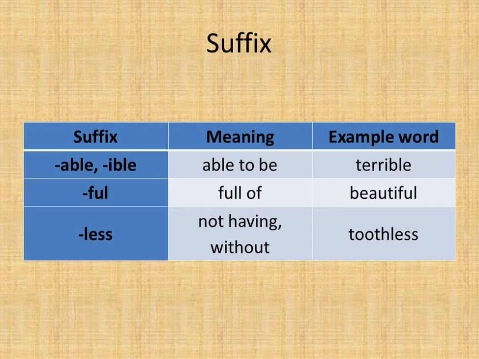We have ful, and it gives the meaning of full of. We say beauty, no, beautiful, full of beauty. Less means not having, or without, it gives also the opposite. Tooth, so it is with tooth, and toothless, without tooth.